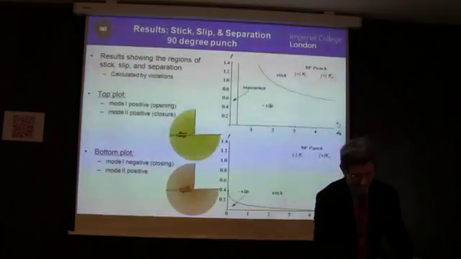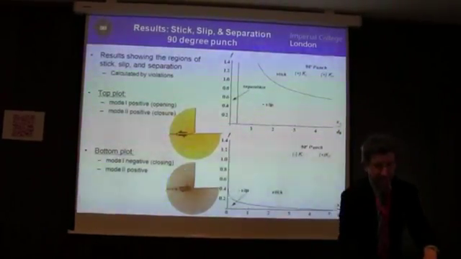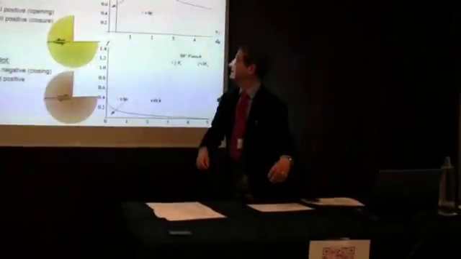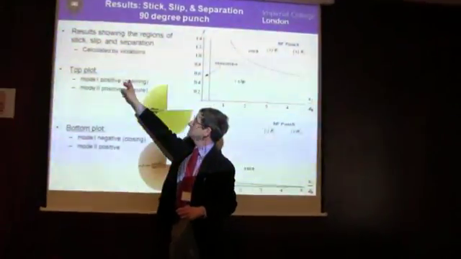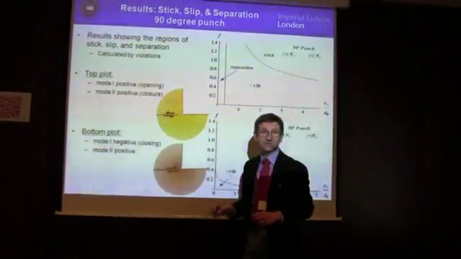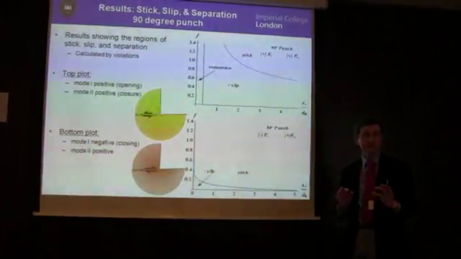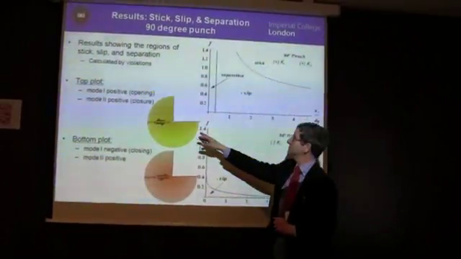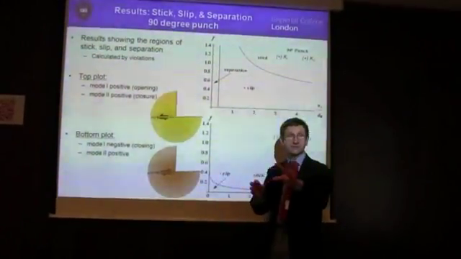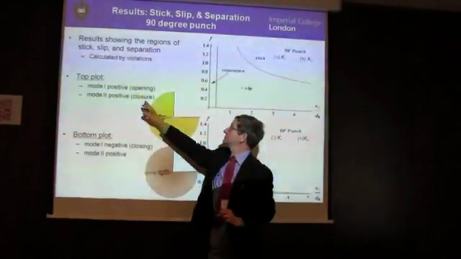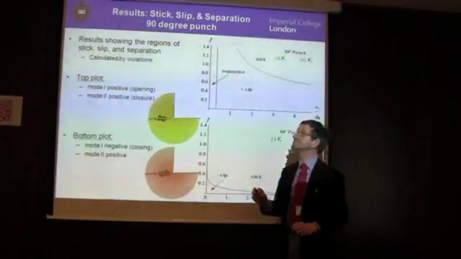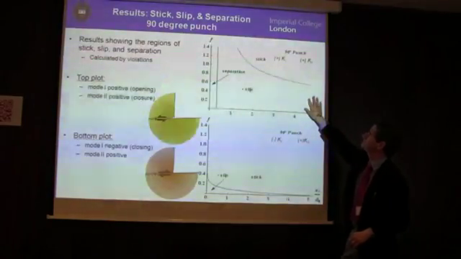Now, if you've got the same problem, we're dragging it along and we're looking at the trailing edge. Now, K1 is positive and K2 is positive. So what that turns out to imply is that the mode 1 solution implies local separation, whereas the mode 2 solution implies closure. And that's this graph here.